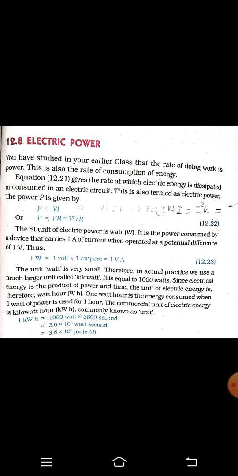It will be V square divided by R square, right? So V square divided by R square we will keep in the equation P is equal to I square R. So the equation will become P is equal to V square divided by R square multiplied with R. Now in the denominator R square is there, in the numerator R is there. So one R will get cancelled. So we are left with V square divided by R.